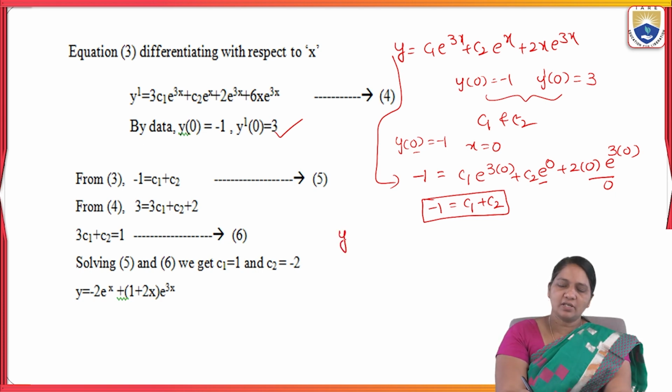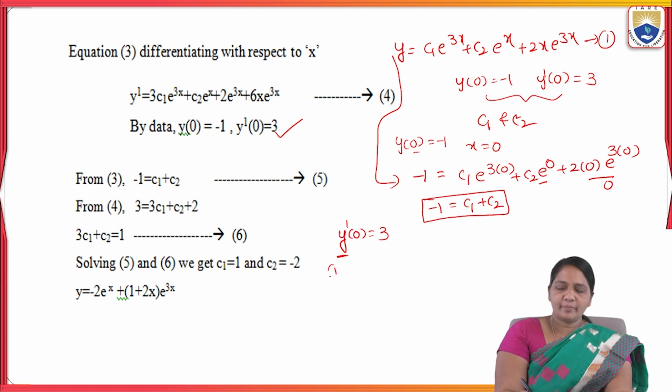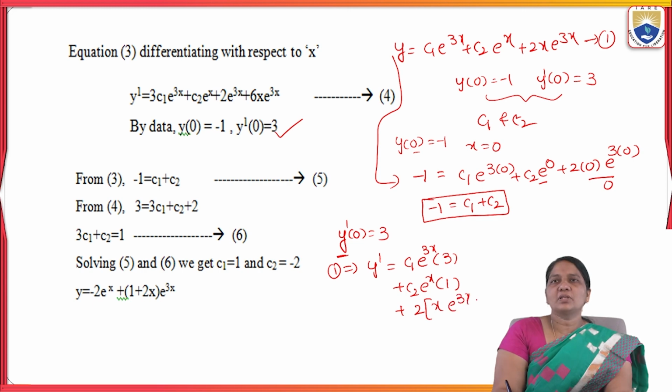Next, what is the second condition? y dash of 0 equal to 3. So I need the y dash value. Differentiating the equation, y dash equal to C1 e power 3x into 3 plus C2 e power x into 1 plus, using the u into v formula, 2 into x into e power 3x into 3 plus e power 3x into 1.